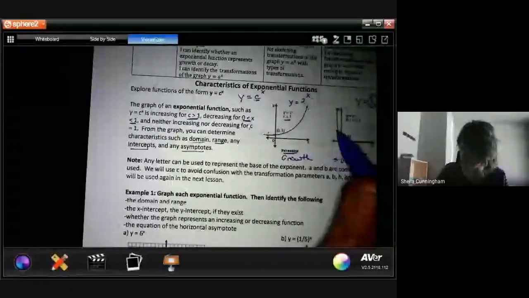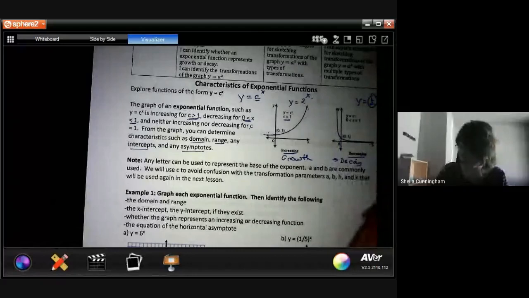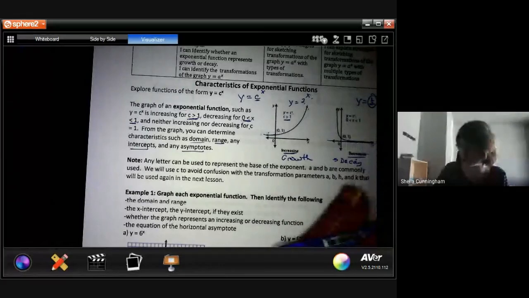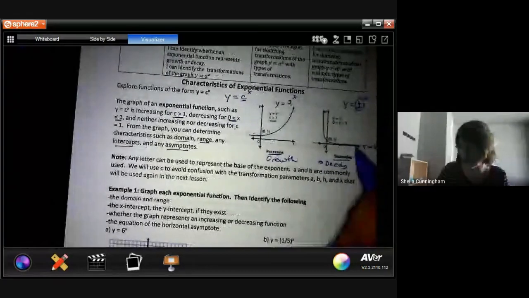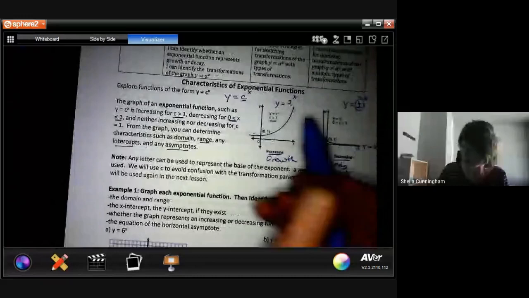So in this instance here, y is equal to 0, like your x-axis, is actually considered an asymptote, because this graph is following really closely along, but it never actually intersects or crosses that x-axis. Same thing in this direction too, right?